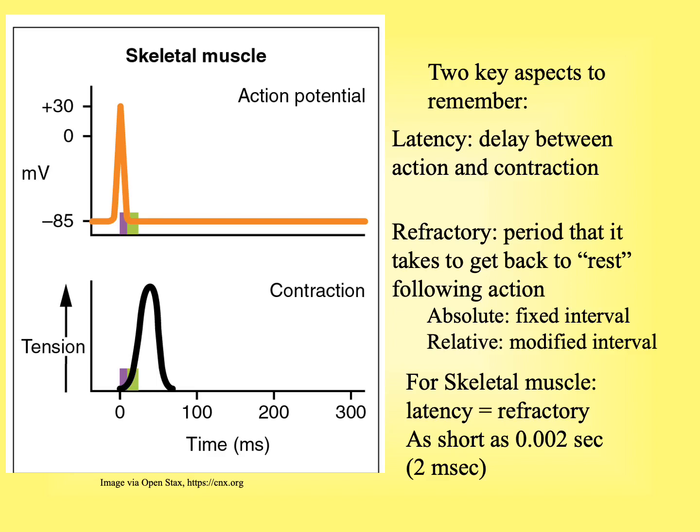It's so short that the timing between when the action potential hits and when I see contraction, around 2 milliseconds, I have already started and entered into my refractory, which means that I can go about getting a secondary contraction taking place within the contraction cycle that has already started.